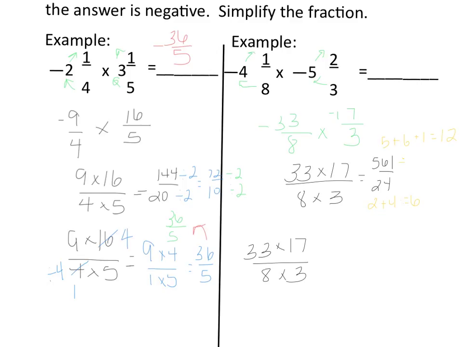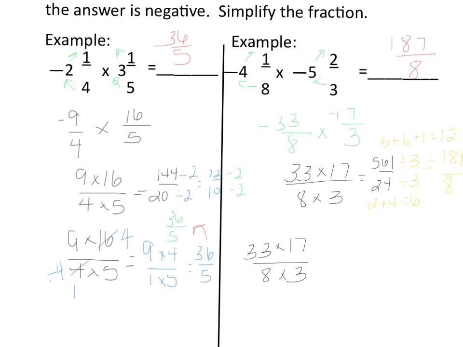So we can simplify 561 and 24 by 3, giving us 187 over 8. And I can tell you now that 187 can't be simplified by 2, it can't be simplified by 5, and it can't be simplified by 3 because 1 plus 8 plus 7 is 16, and 3 doesn't go into 16.